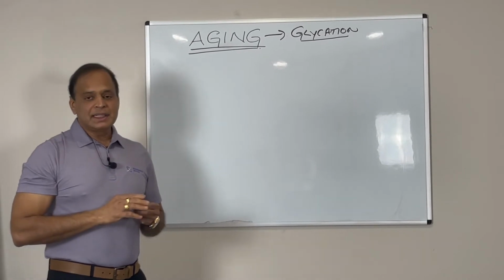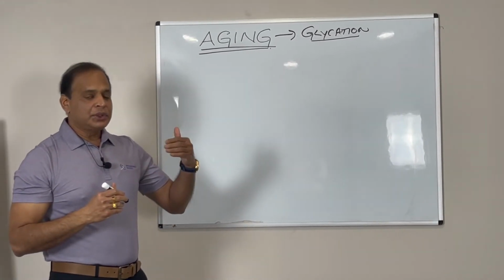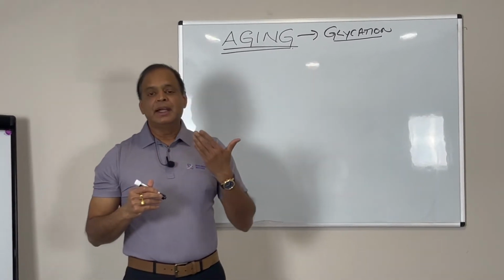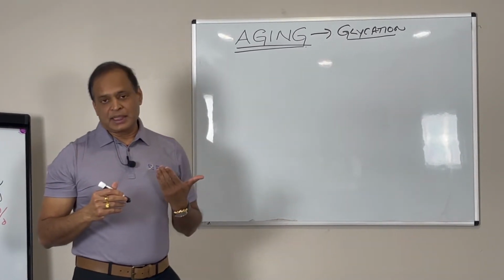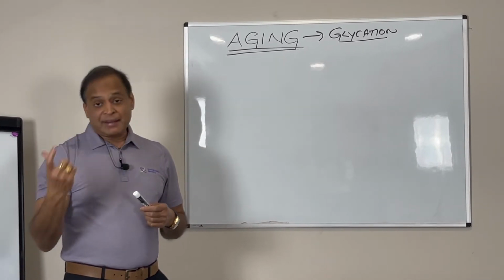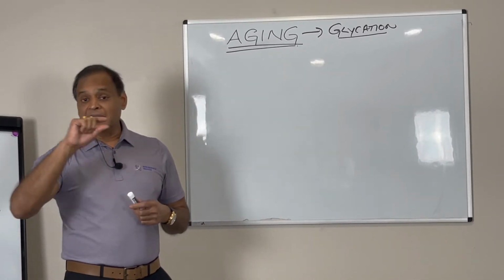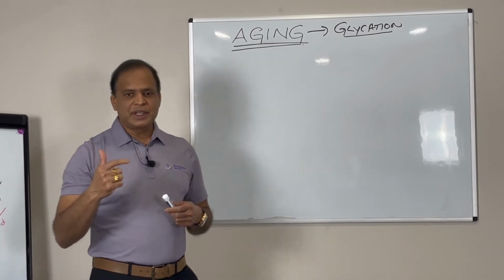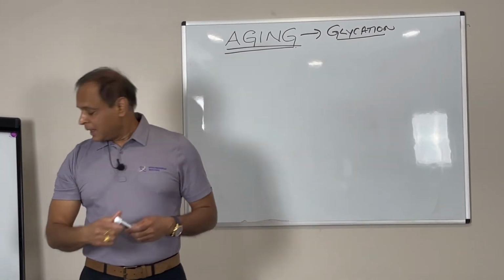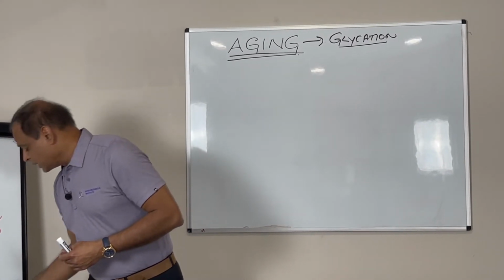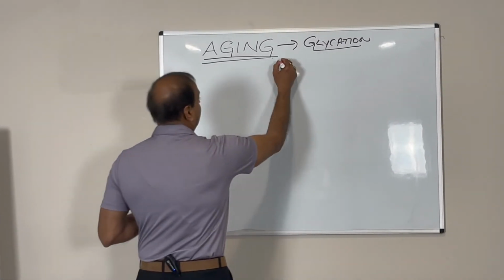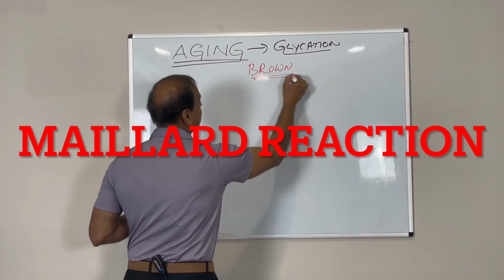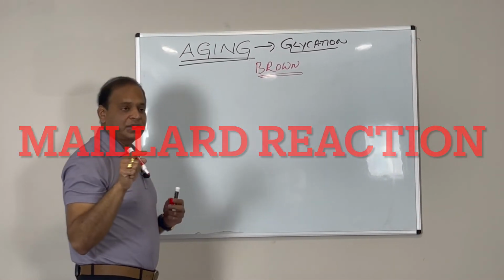What it means is when you are aging, you can see the aging process visibly in wrinkles forming on our skin, or cataracts forming, or hardening of the arteries as they age, and various other places where we see this process happening. This is essentially a process called Browning, and I'm going to put the name of this reaction on the screen.